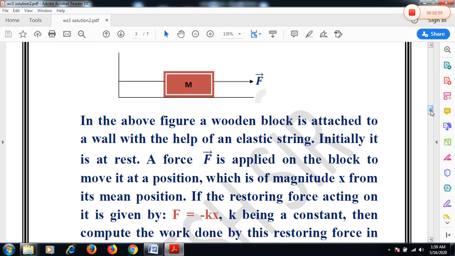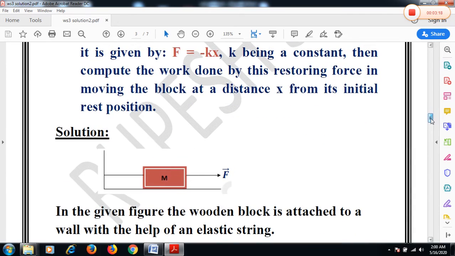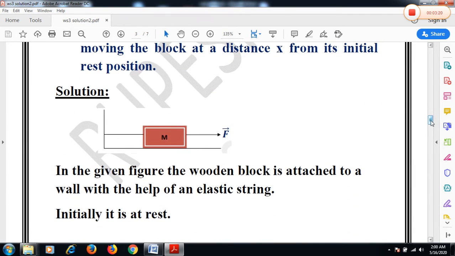A force F is applied on the block to move it to a position of magnitude x from its main position. If the restoring force acting on it is given by F equals minus kx, k being a constant, then compute the work done by this restoring force in moving the block a distance x from its initial rest position. Let us move forward to the solution of this problem.